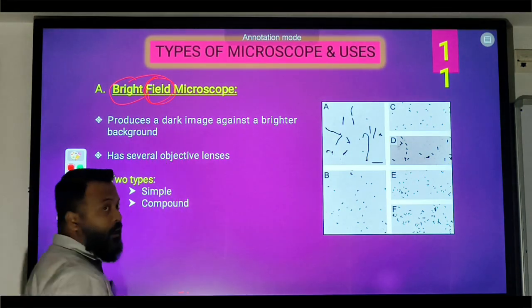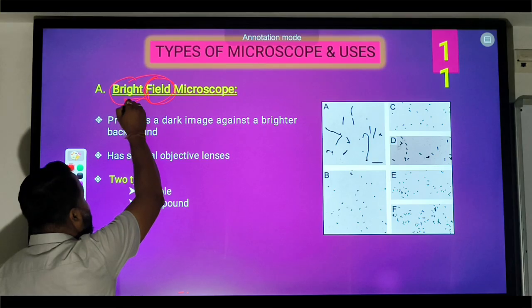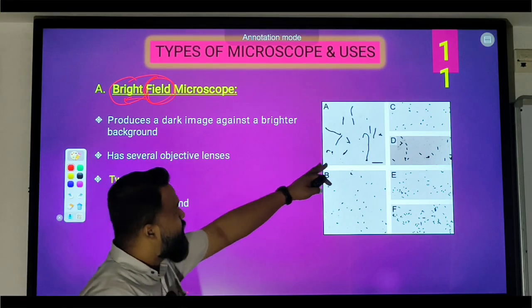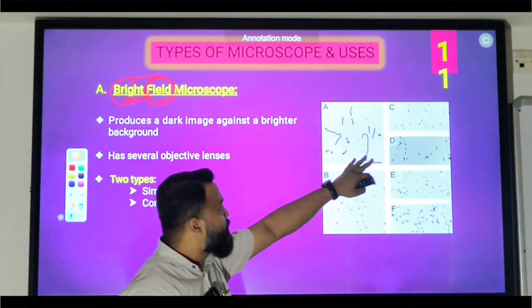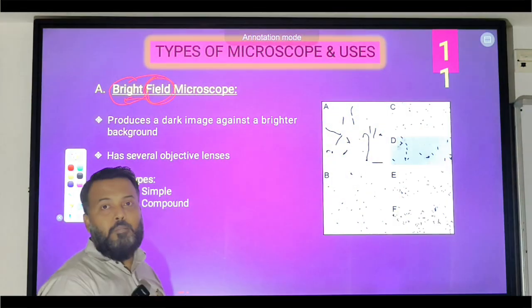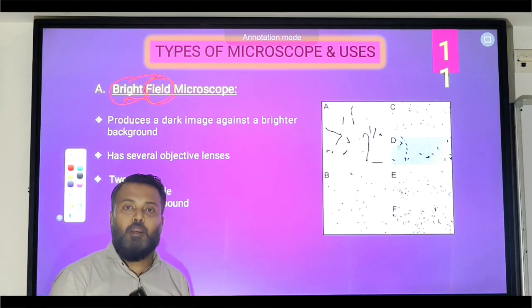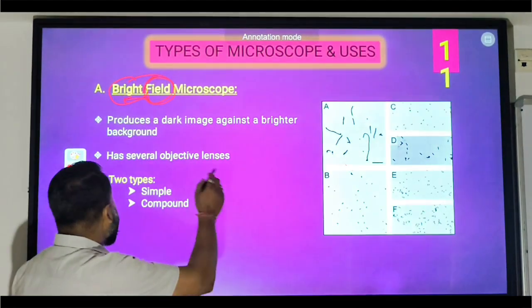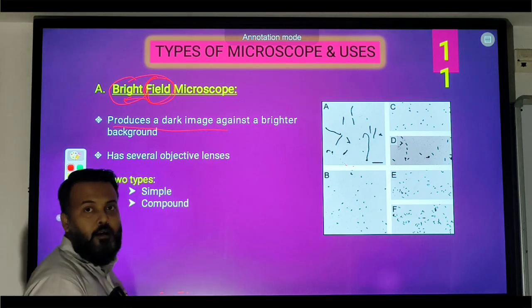See, this terminology of field means background. So if the field is bright, here you can see through the image, the field is bright, right? So when the field is bright, then we term it bright field. That means if the background is bright, then we term it a bright field microscope. And what happens here is it produces a dark image against the brighter background.